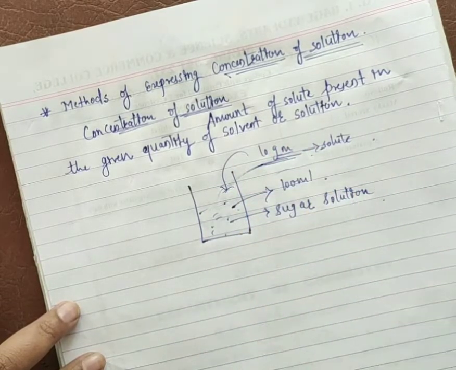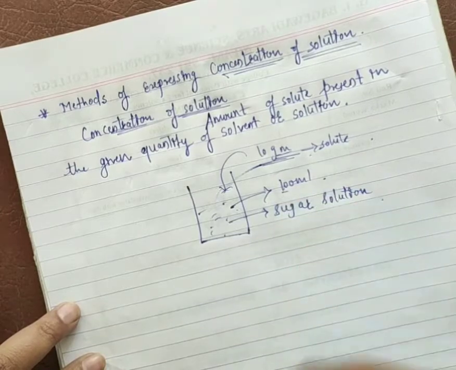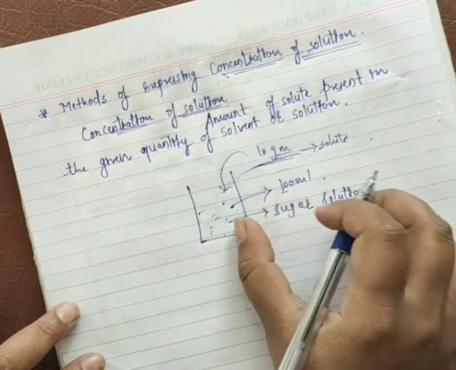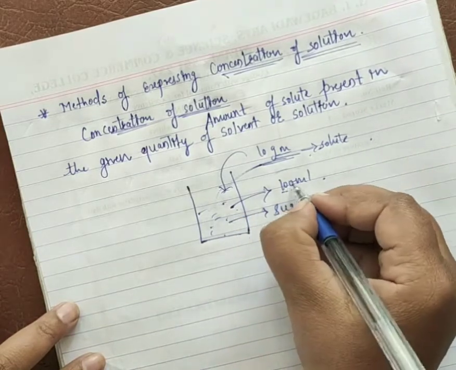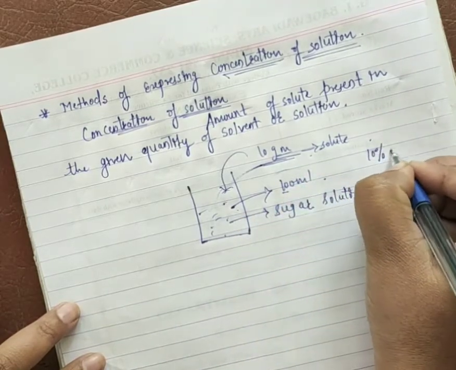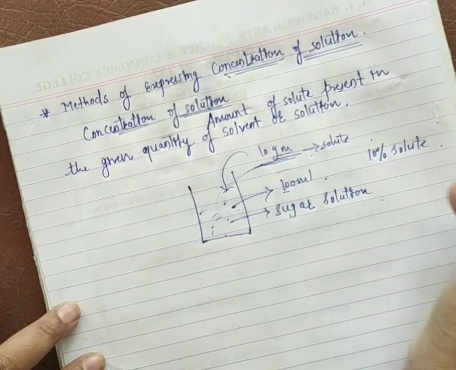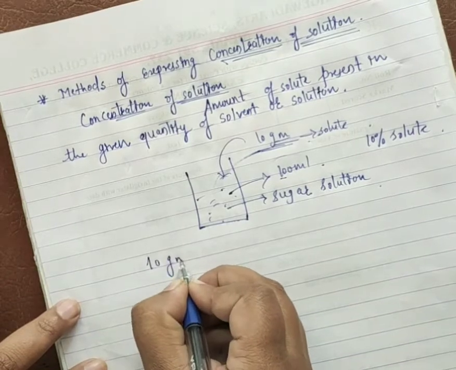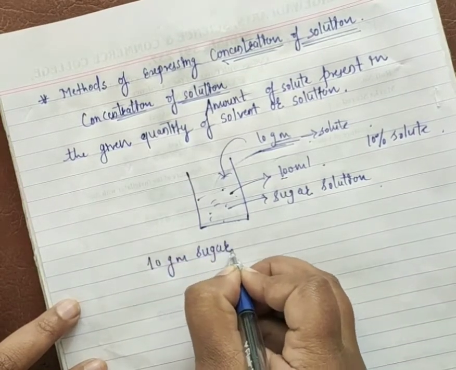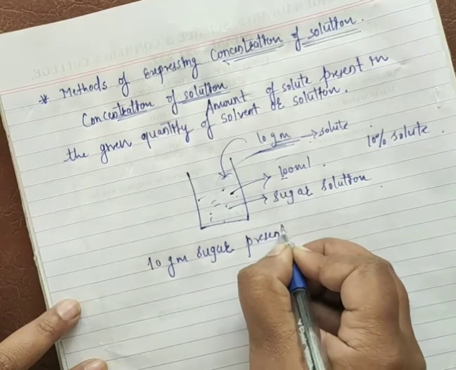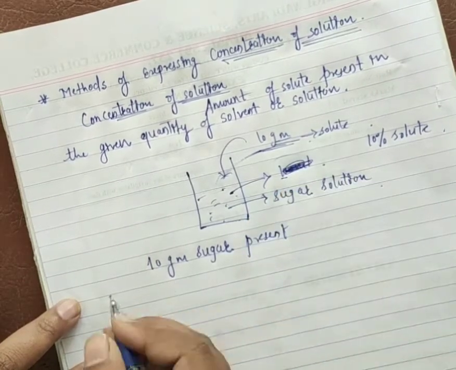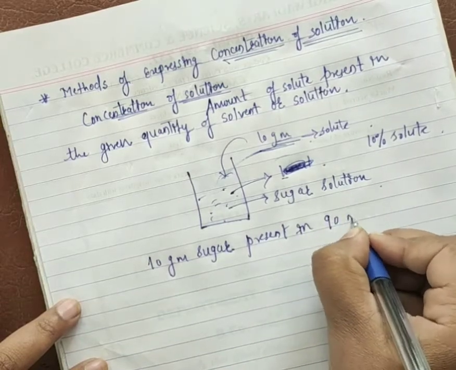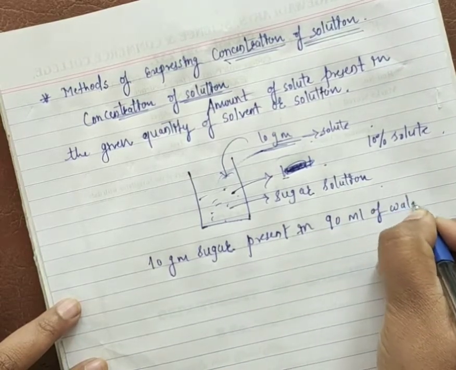Now, if you want to calculate the percentage of solute which is present in a given amount of solution, you have to remember, suppose we have 10% solute. It means you have 10 gram of sugar present in, don't write directly 100 ml, 90 ml of water.